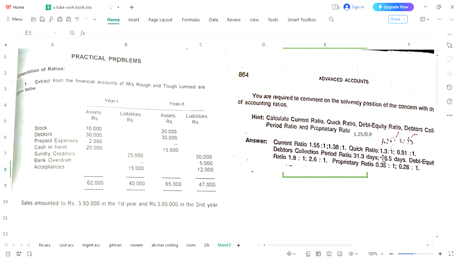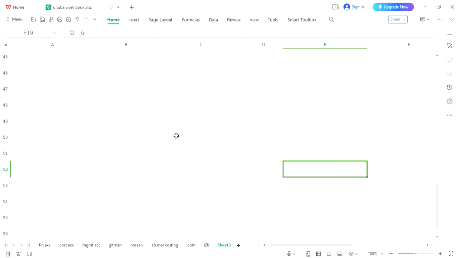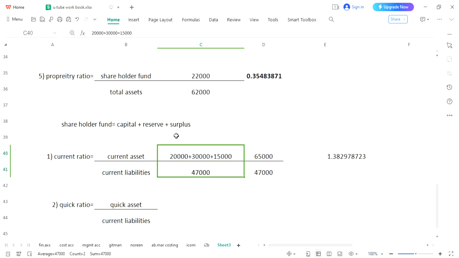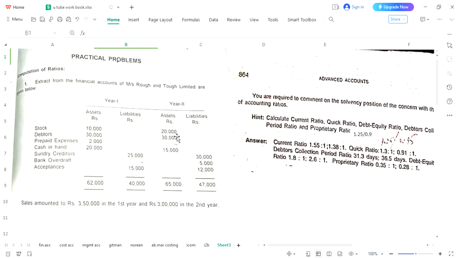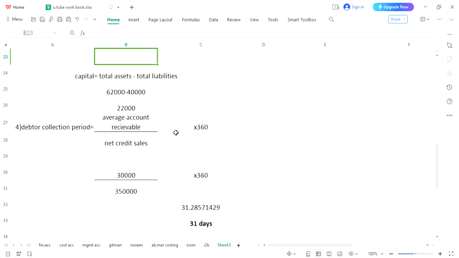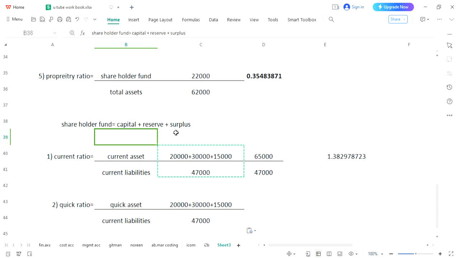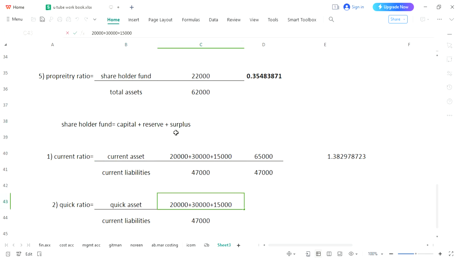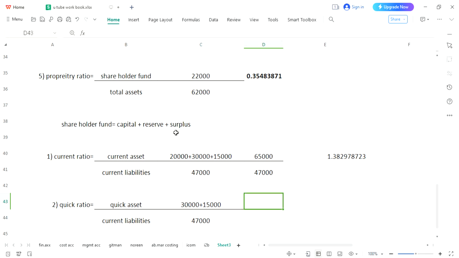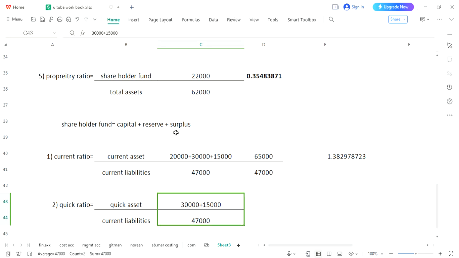Next is quick ratio. For that we will subtract prepaid, and here prepaid is already missing. Then stock is 20,000. So let's come over here. We are taking the same numbers, and I am telling you again, stock and prepaid are required to be subtracted. Stock is 20,000. So you just need to subtract 20,000 from here. In this way, liquid assets or quick assets have been calculated. Let's take their sum now.